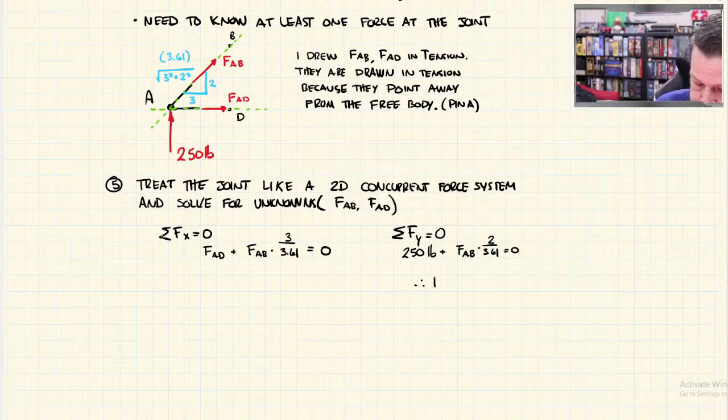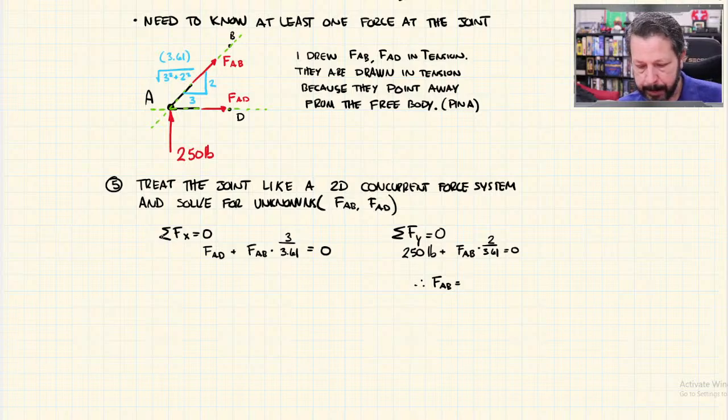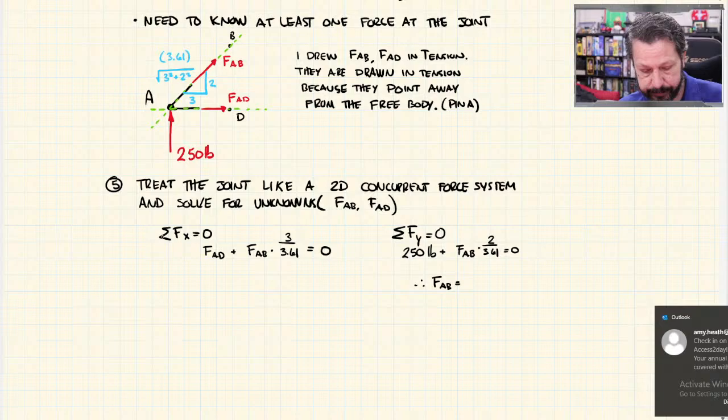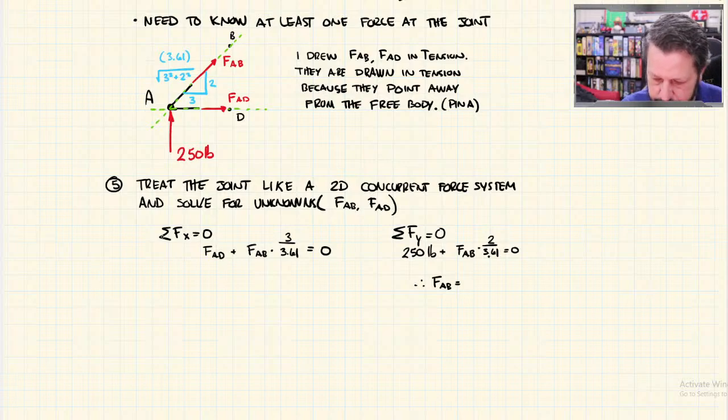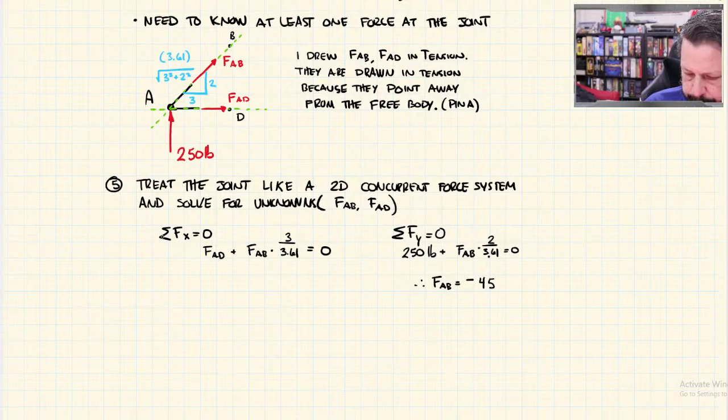So therefore, FAB equals, let's see. I have to move that 250 to the other side, so it becomes negative. So 250 divided by 2 over 3.61. That's 3.61, not 361. So FAB looks like I get negative 451.25 pounds.